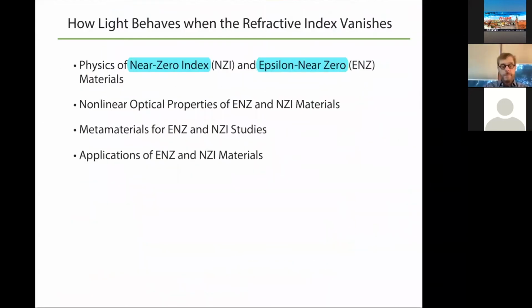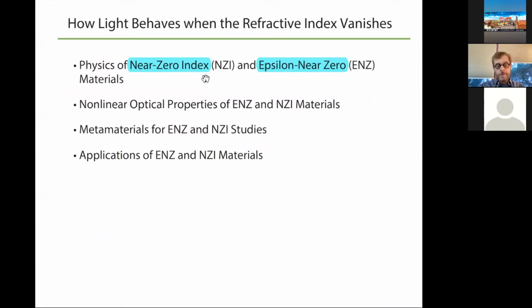Okay, so here's a brief outline of what the talk is going to be about. First of all, we're going to talk about the physics of near zero index materials and epsilon near zero materials. Now, of course, the refractive index is the square root of the dielectric permittivity epsilon. So these are very, very intimately related concepts.